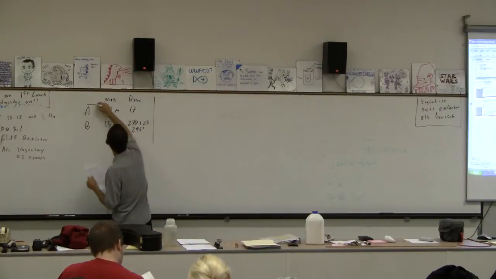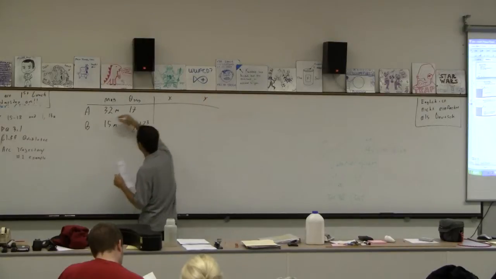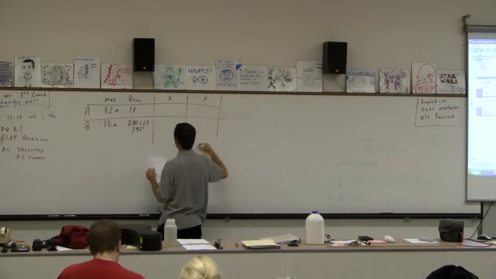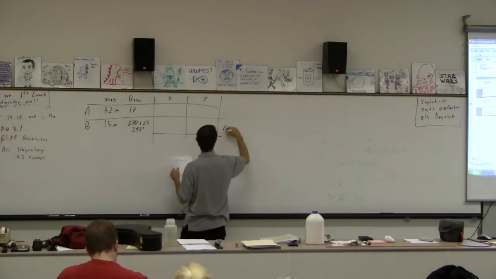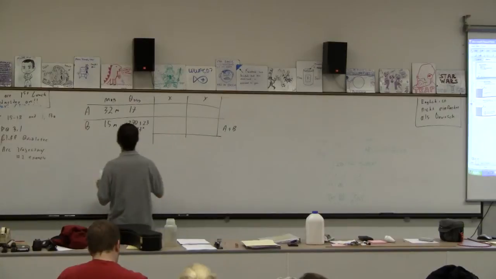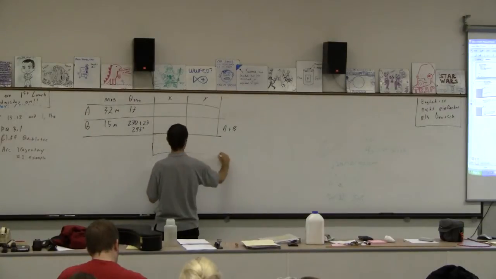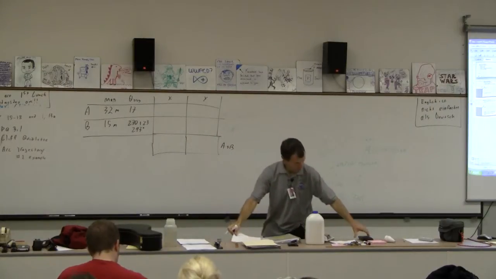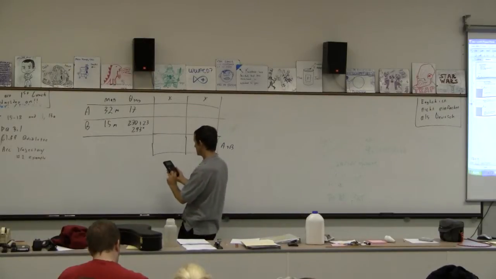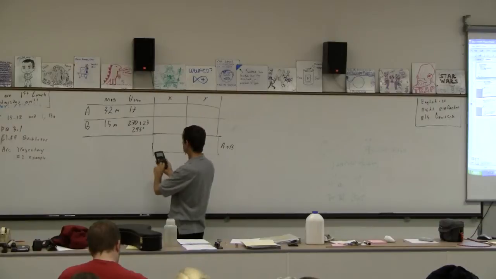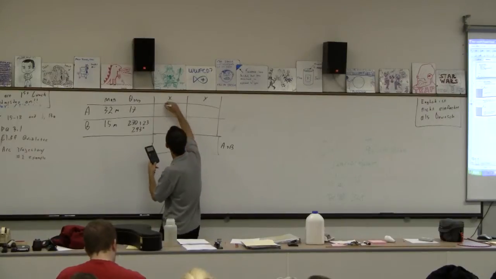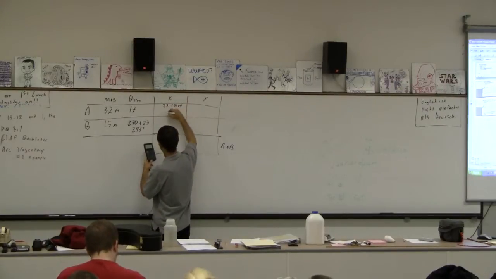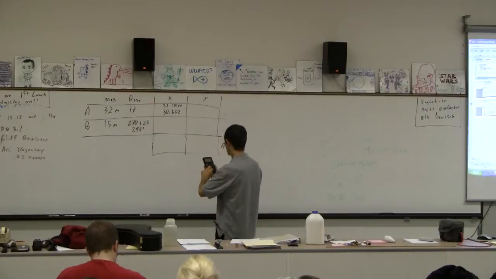And now we can set up x components and y components. So 32 cos 17 is 30, and 32 sine 17.